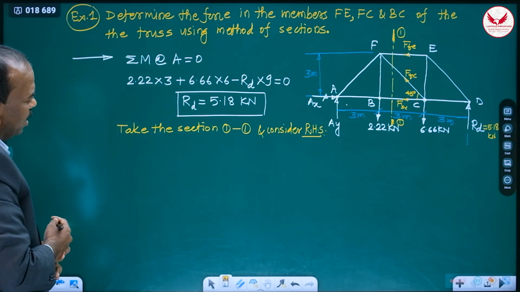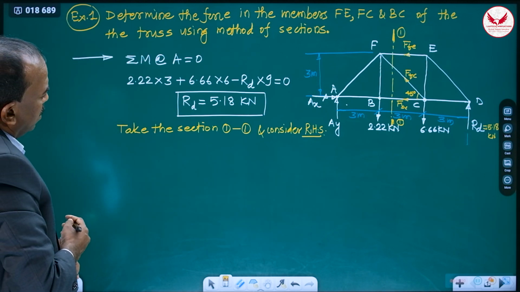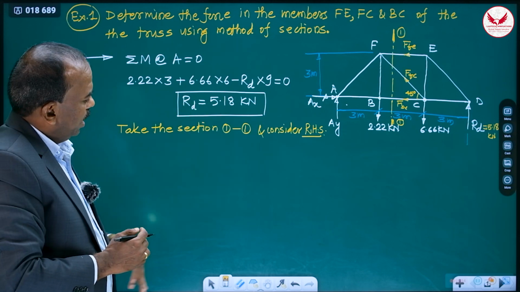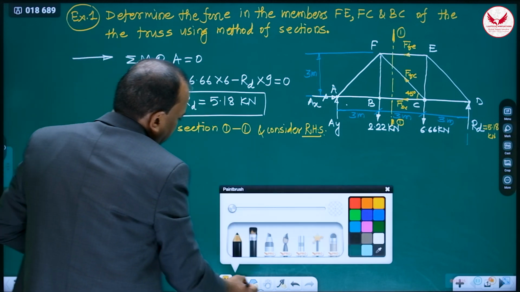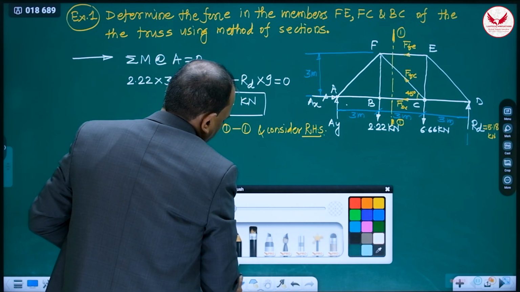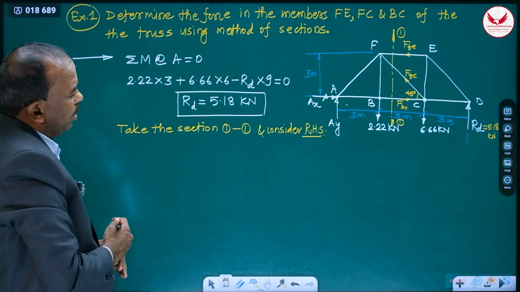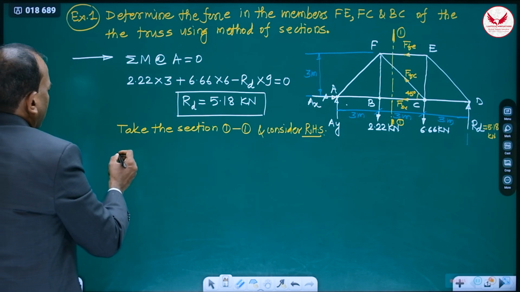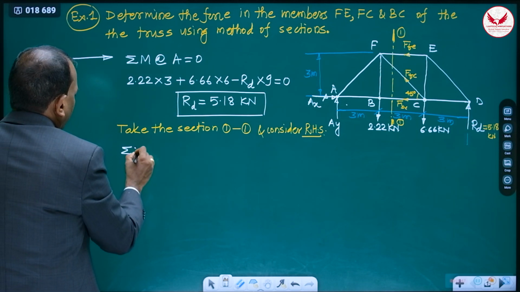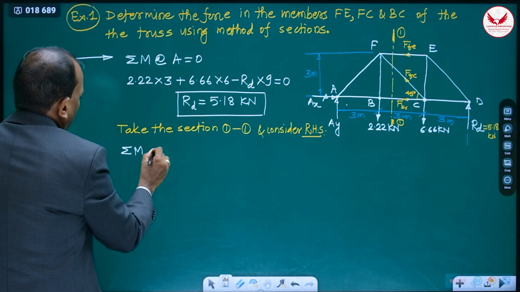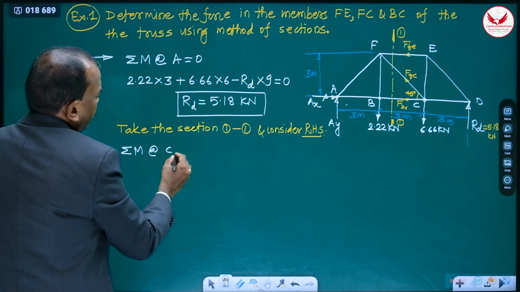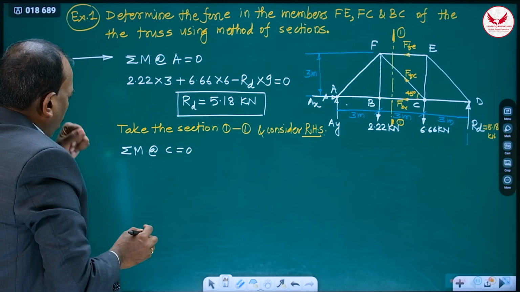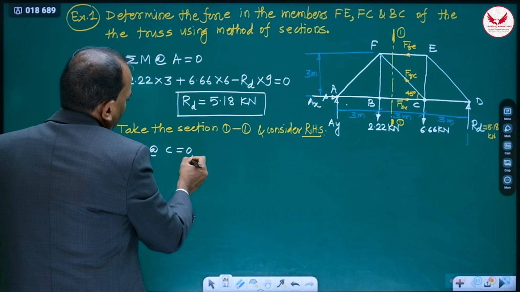And then after that, what we have to do? Take the section 1-1 and consider RHS. Then for RHS, we have to take the moment at a point where two unknowns are meeting. Means here what we will be doing? Take summation M about C, where two unknowns are meeting. It is equal to 0. Then how we can solve it?